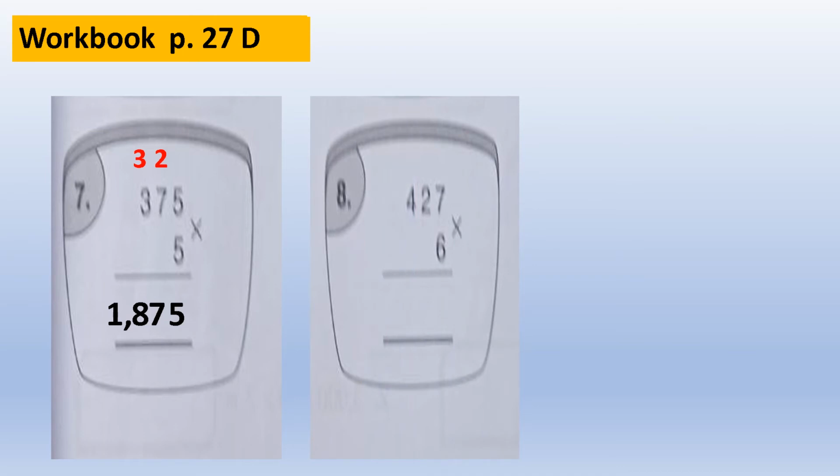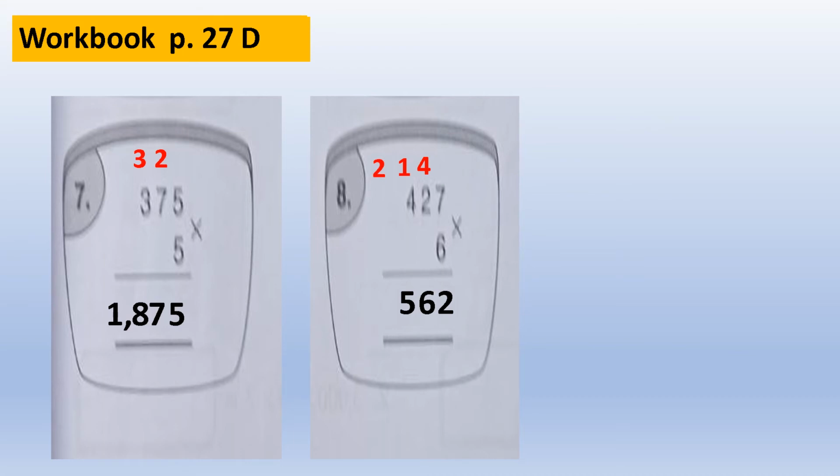Number 8. Let us read the problem first. 427 times 6. Okay, so multiply each of the digit of the multiplicand starting from the ones place. So 7 times 6 is 42, but you write only 2 and then carry over 4. 2 times 6 is 12 plus 4 is 16, but you write only 6 and carry over 1. And then 6 times 4 is 24 plus 1 is 25, but you write only 5, carry over 2.